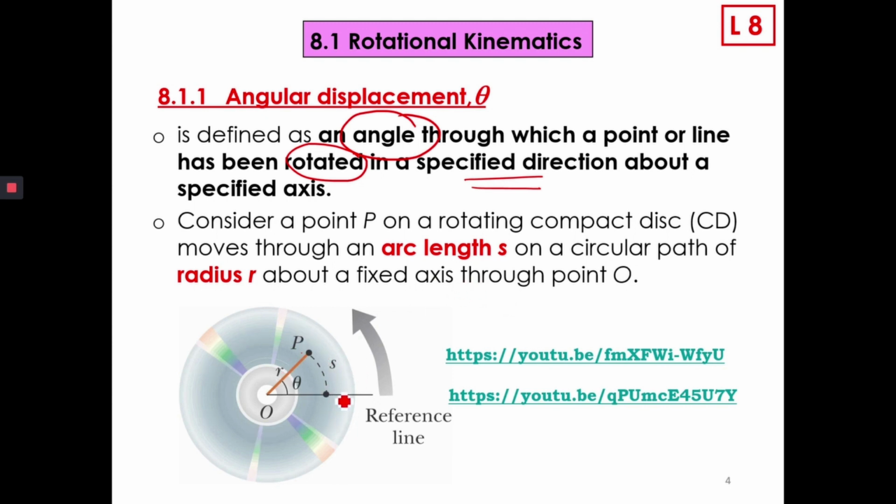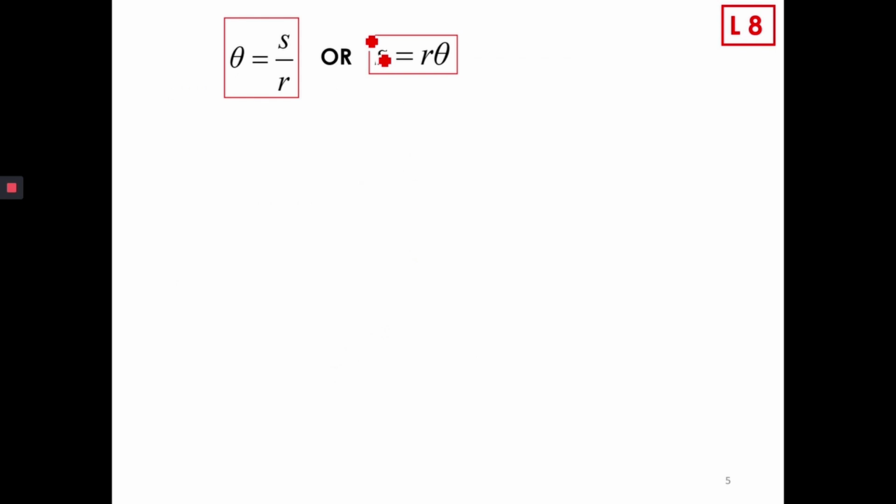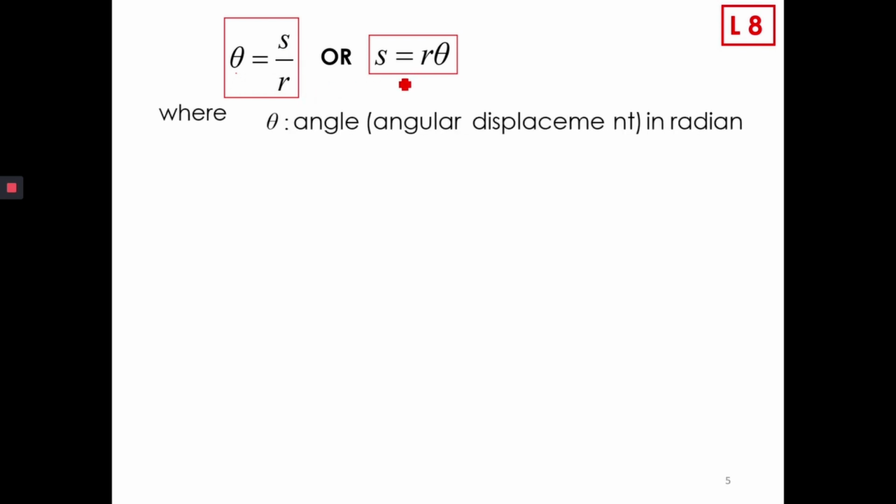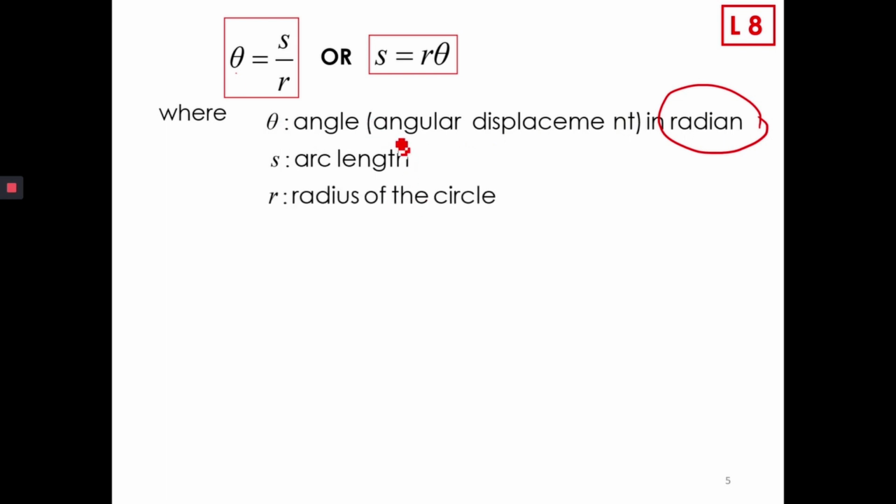Circular motion, rotational motion, where the formula is theta, the angular displacement, equals S over r, or S equals r theta, where theta is our angular displacement in radian, the SI unit, S is the arc length, and r is the radius of the circle.